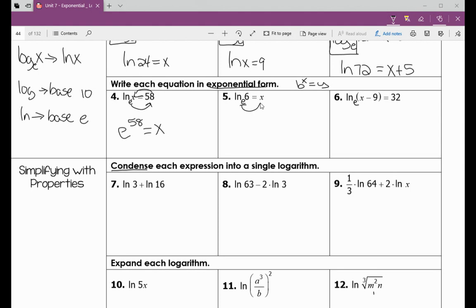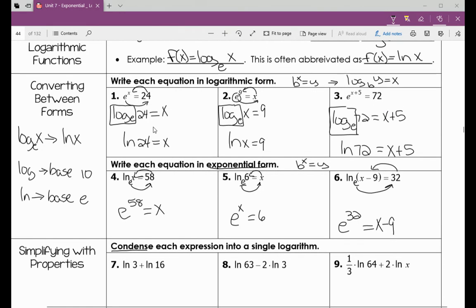Grab your base, raise it to that power, so e to the x equals 6. E to the 32 equals this number, so x minus 9. So we have now rewritten exponentials as natural logs and natural logs in exponential form.